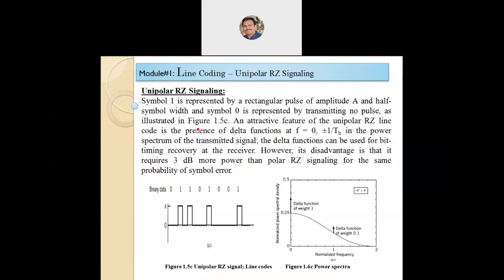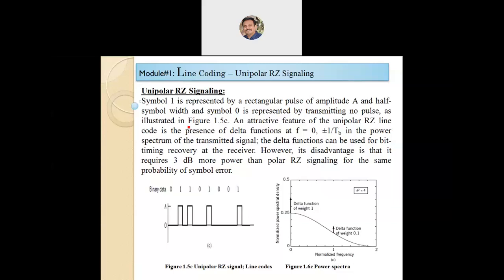The third line code, unipolar return to zero signaling. Here, symbol 1 is represented by a rectangular pulse of amplitude A and half symbol width, and symbol 0 is represented by no pulse, or zero amplitude.